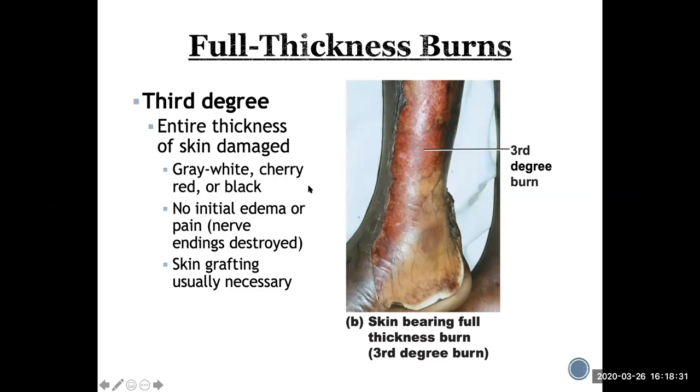Just charred. So you're not going to actually have pain in this instance in the actual burn site, because all of the nerves that were in the dermis have been destroyed, right? Because that's where all of the nerves of your skin are, in the dermis. So if the dermis is gone, the nerves are gone, or the nerve endings are destroyed.